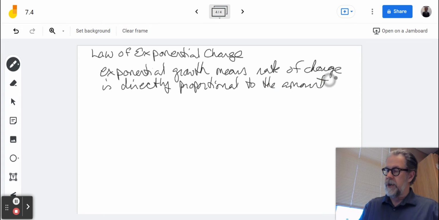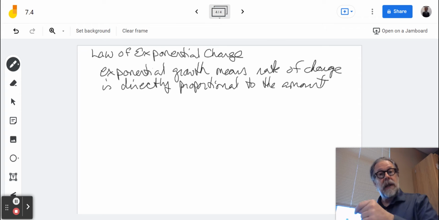So you could think of this in terms of a bank account. Your rate of change is your interest rate. Your interest is directly proportional to the amount that you have present.